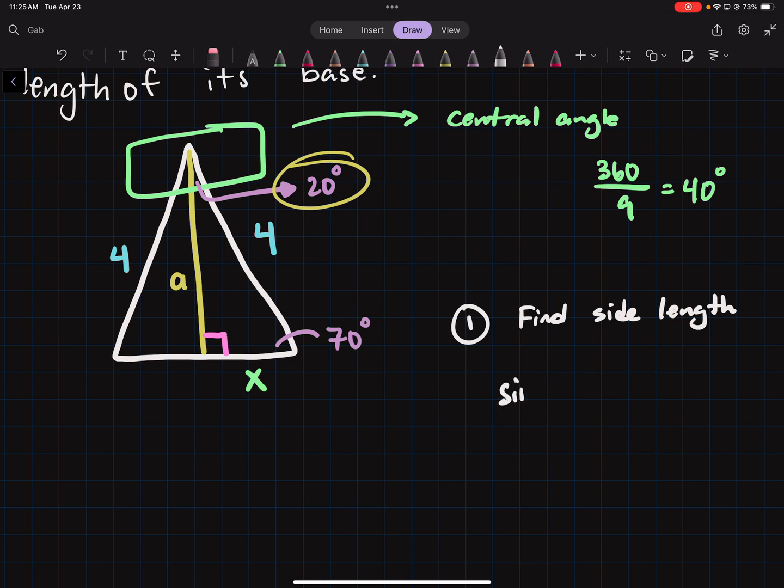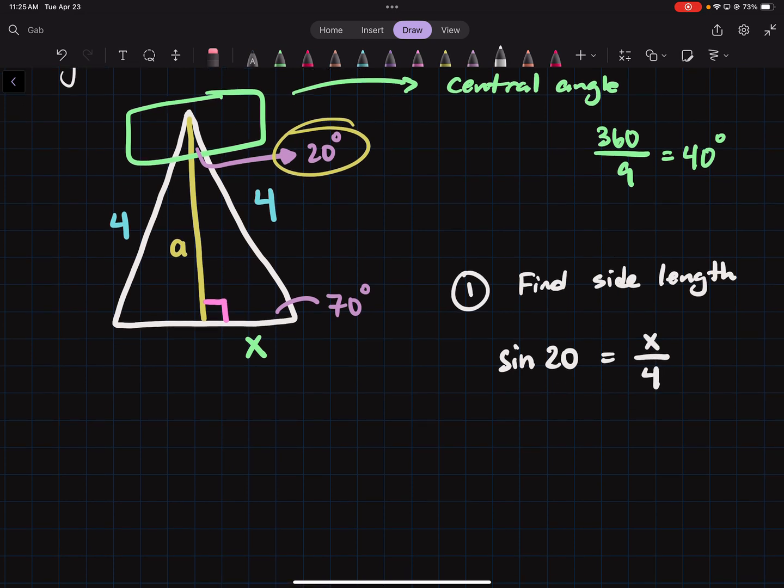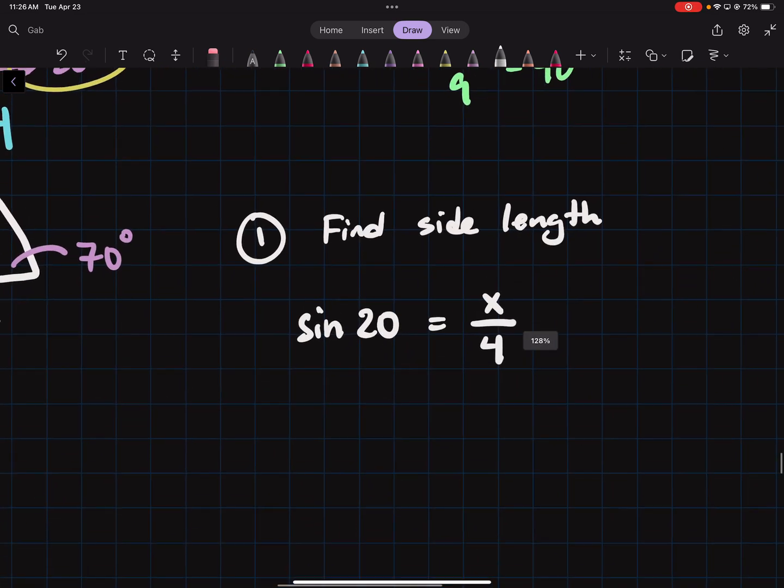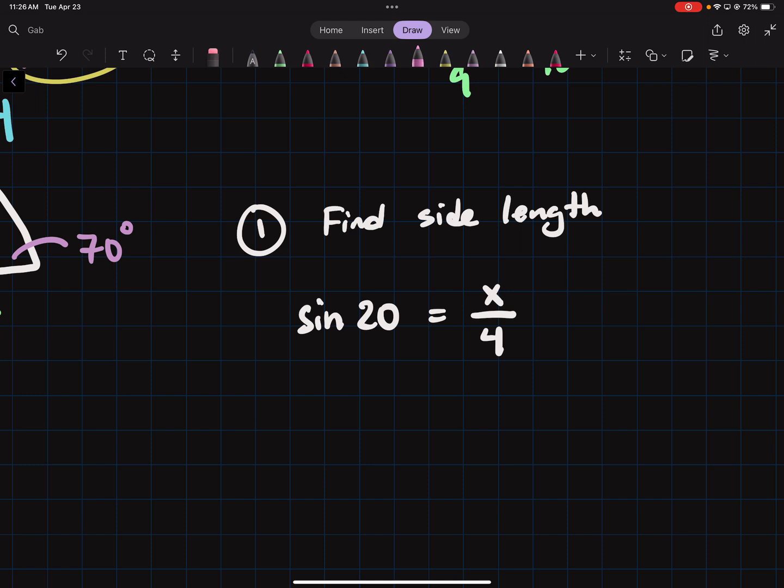Why can't you do A squared plus B squared? X over 4. A squared plus X squared equals 4 squared. How are you going to find that out? Why can't you use a big triangle? That is not a right triangle. You cannot do Pythagorean theorem for a non-right triangle. Okay, so what do you do?